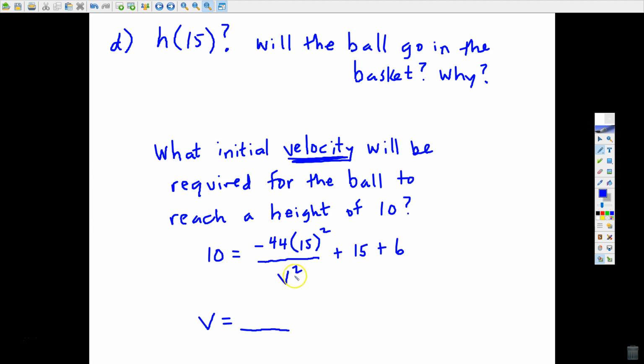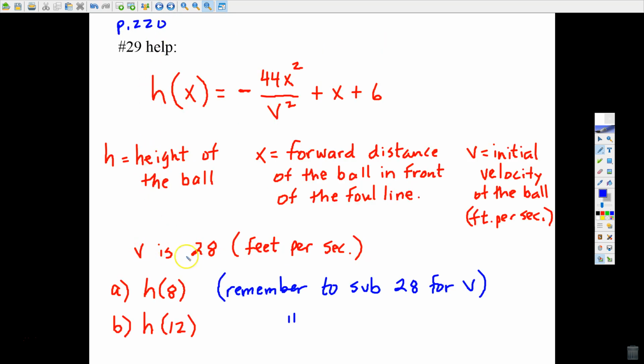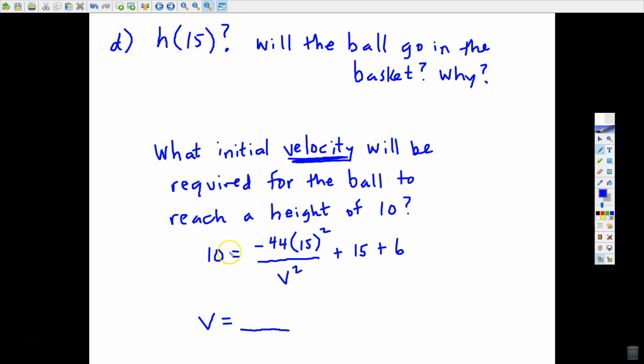But the initial velocity given in the instructions, suppose a player shoots a ball with an initial velocity of 28 feet per second, that's going to be the issue. So we need to know what that initial velocity does need to be in order for this shot to go in. Alright, so I hope I've helped you there.